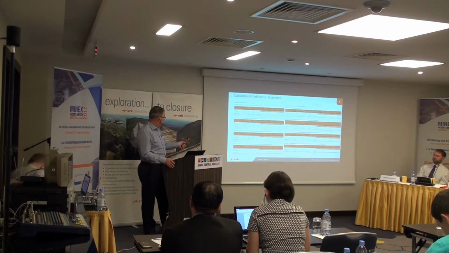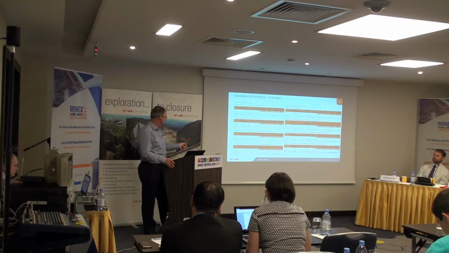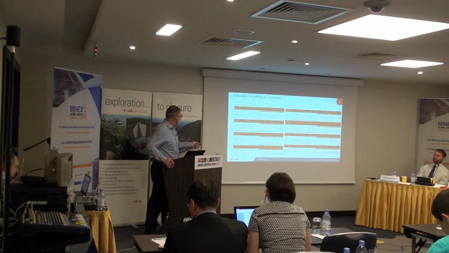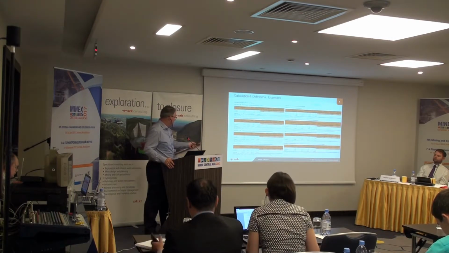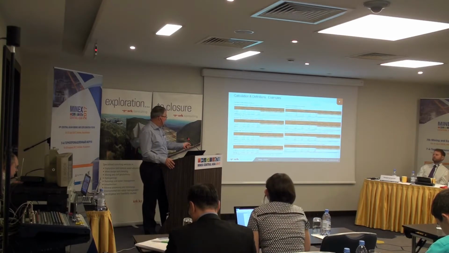In the second example here, you include a diluent grade, again diluting it with 1 tonne of material, and what you find here is that the recoveries calculated are the same.